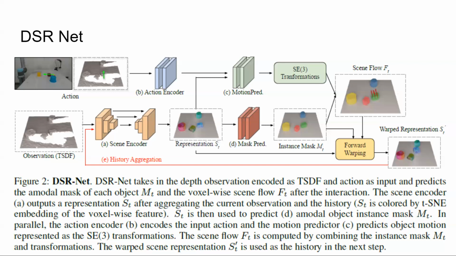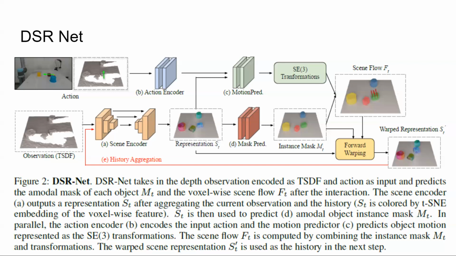Side by side to this representation, we have in parallel an action encoder running. With the use of the motion prediction network here, they are trying to figure out what kind of flow motion you are carrying out, with this SE3 transformation.